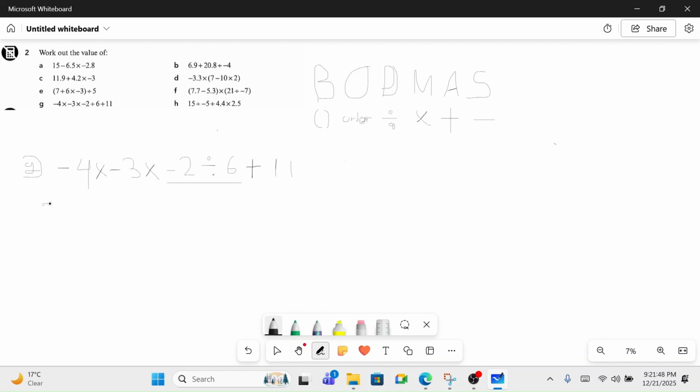So, slap that out of the way. Minus 4 times. Now we have to work out what minus 2 divided by 6 will be. So it should appear as a fraction, which is minus 1/3 plus 11. Okay.